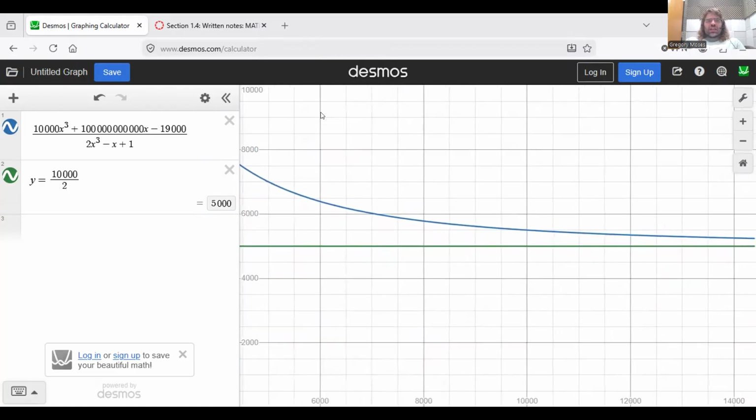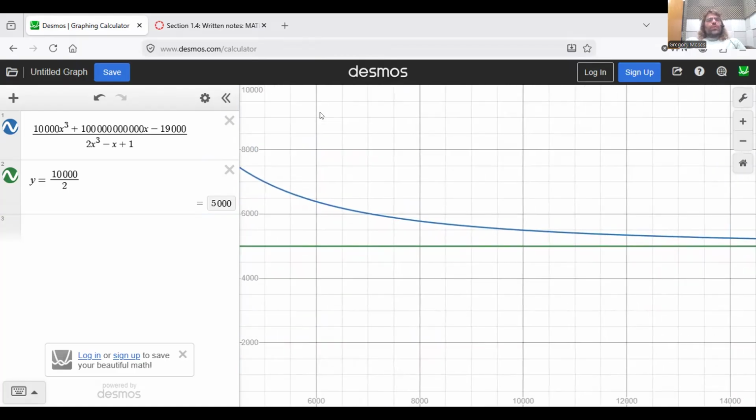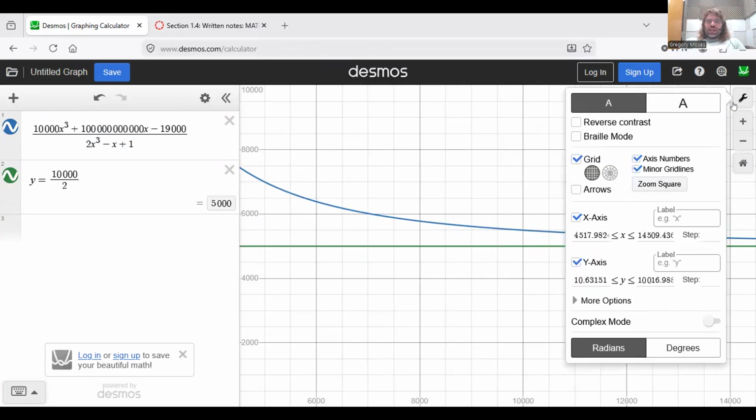But as x gets big, we see that this very messy looking rational function is just coming slowly down. And we have a horizontal line at 5,000. And it certainly looks credible from the graph, as if this horizontal line is indeed going to be a horizontal asymptote.